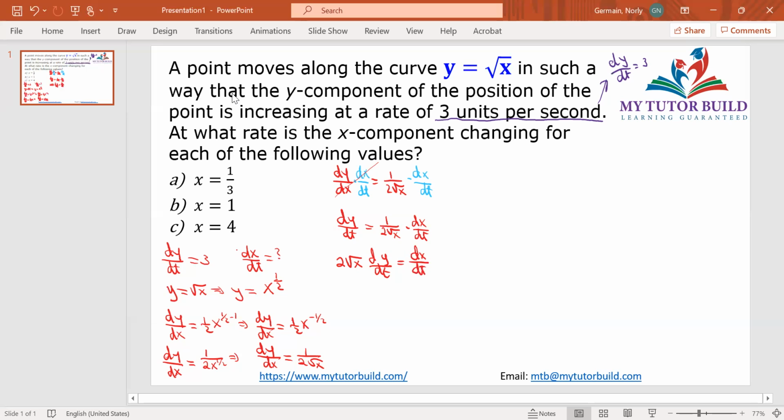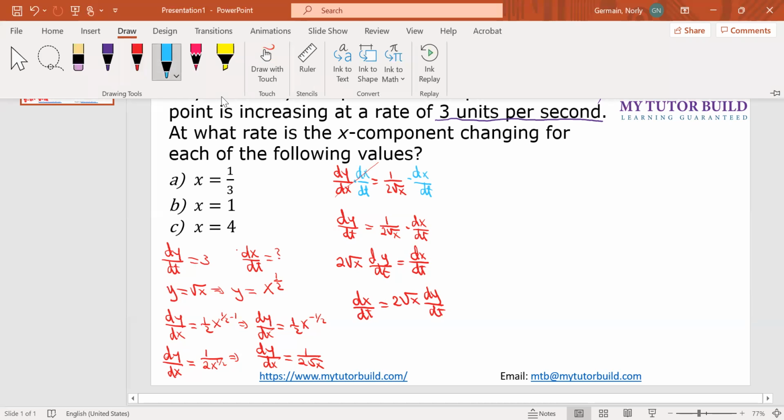If you want to rewrite it the other way around, dx/dt equals 2 square root of x times dy/dt. So now this is what you need.